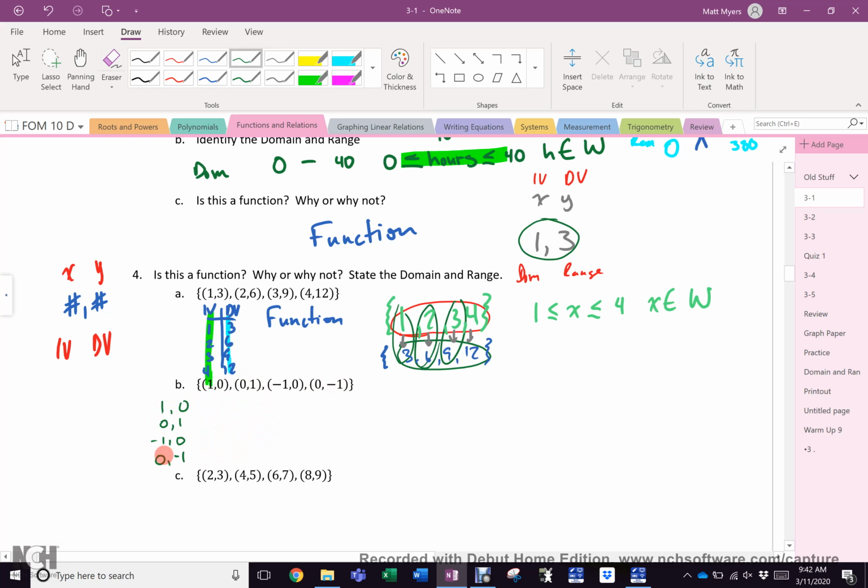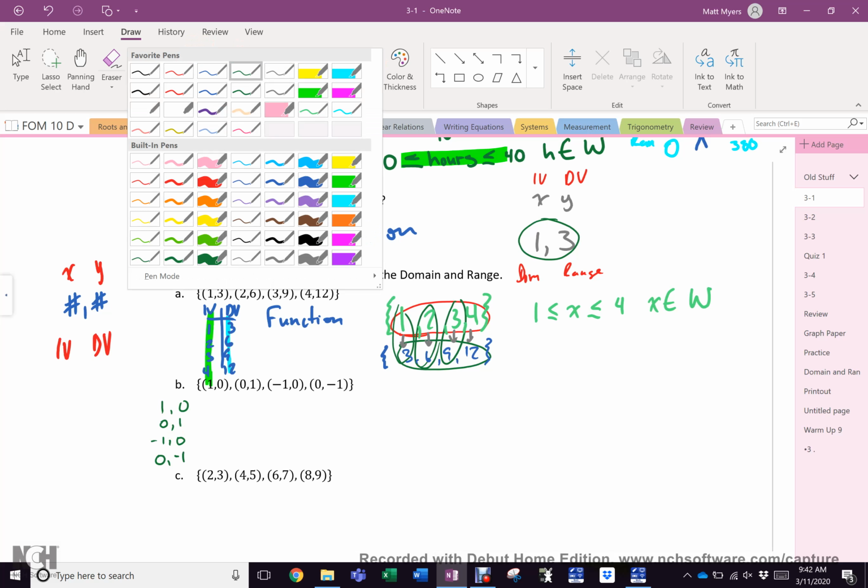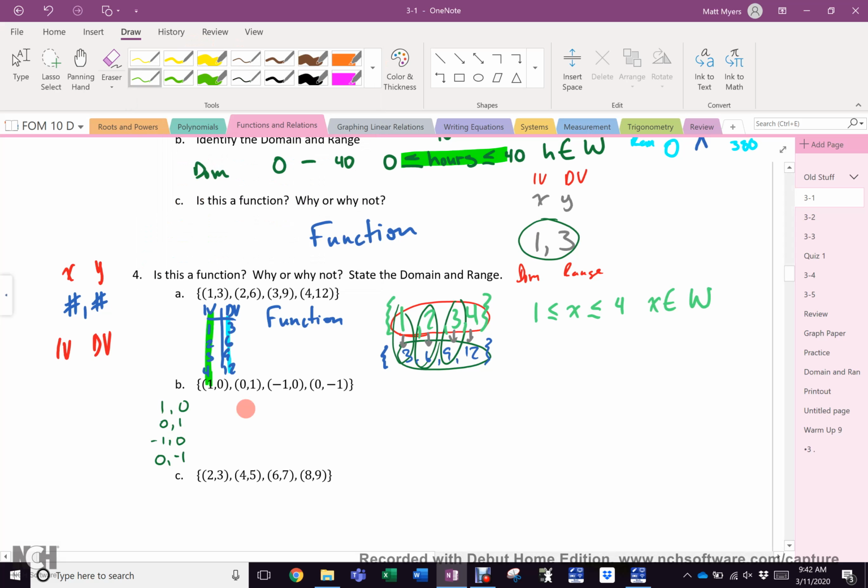Ordered pairs, yes? Okay. What is the range or domain value, which I've been writing in green? Where do I find the domains? On the left. They're the X's. Now, you see there are 4 numbers there, yes? Do I write 4 numbers? No, because I'm only writing elements of the set.